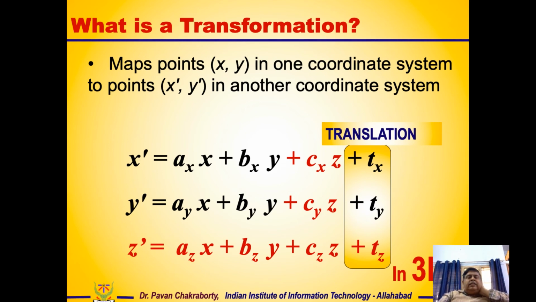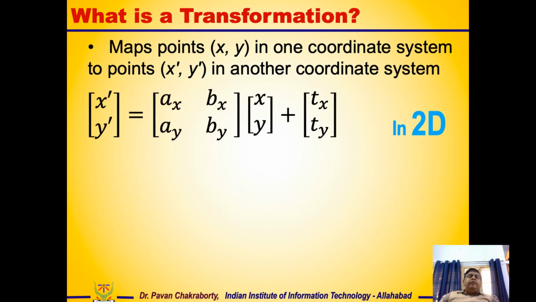Now as you see, this simple linear transformation can be written in a matrix format. Here in 2D, the same equation is shown as a 2-dimensional matrix multiplication, with the attributes ax, bx, ay, by, and the translational vector tx, ty, which is given here.